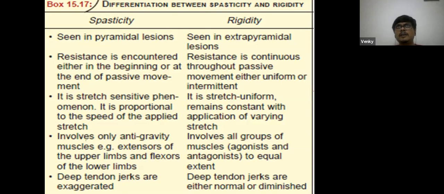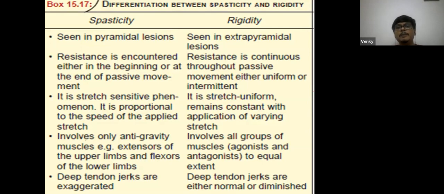Whereas rigidity is usually seen in extrapyramidal lesions. Resistance is continuous throughout the passive movement. Stretch is uniform, it is not velocity dependent, and involves both agonist as well as antagonist muscles. DTR will be normal or diminished in rigidity.